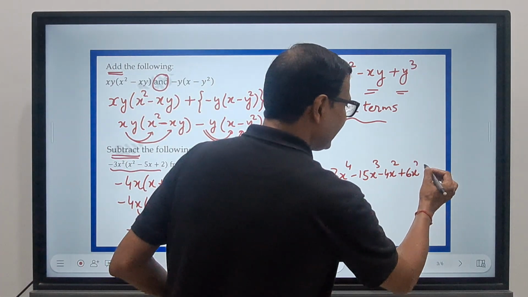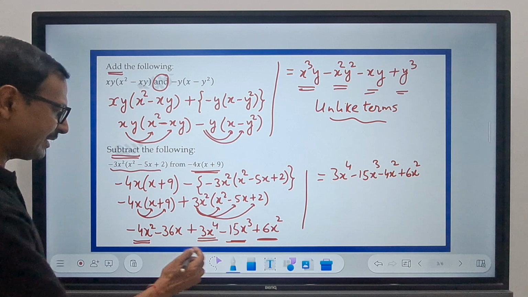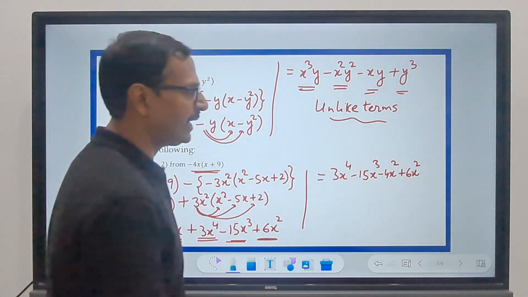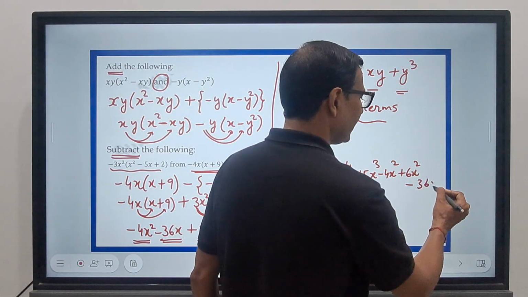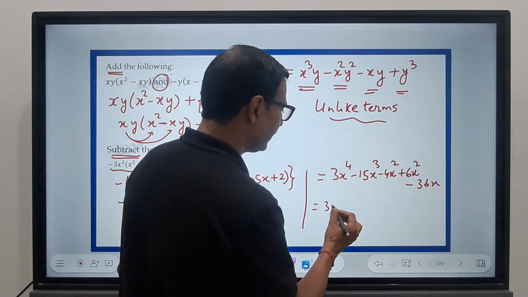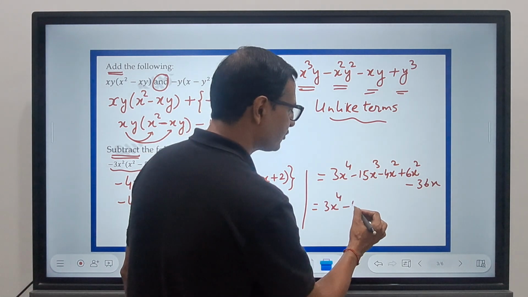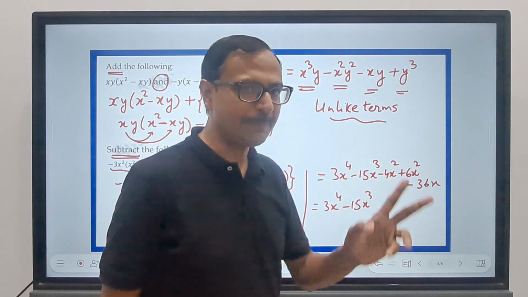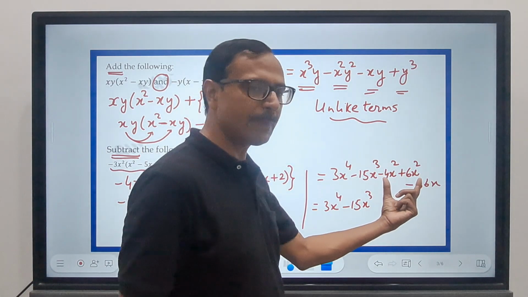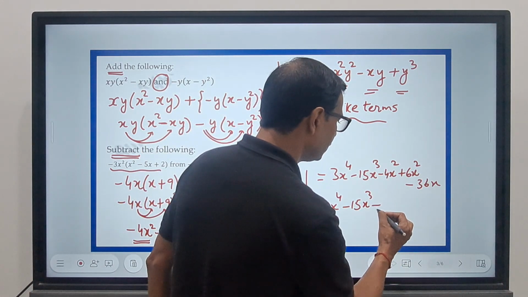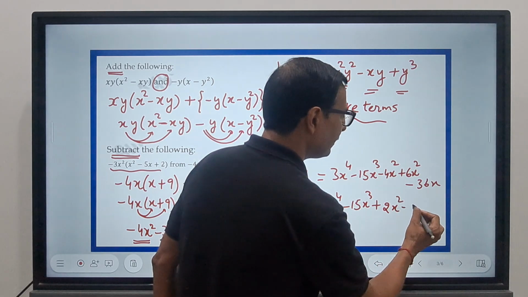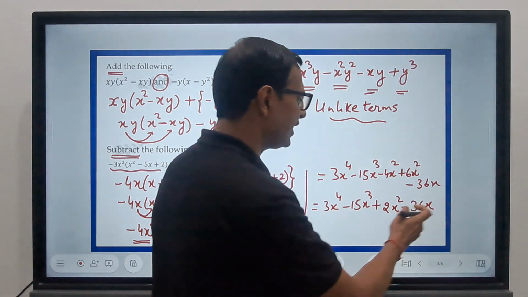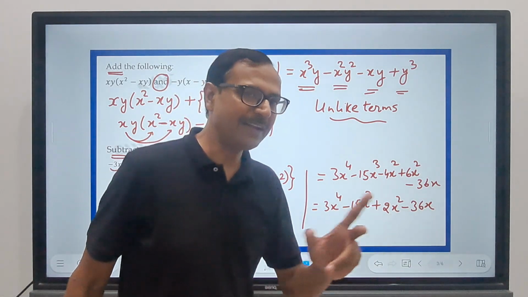And so these are like terms. And then we have the last term minus 36x. So minus 36x. Now this is the lone term, no like terms for this, no like terms for this. Here we have the like terms which can be added. So minus 4 plus 6 is plus 2x square and minus 36x retains its place and gives you the final answer for the question.